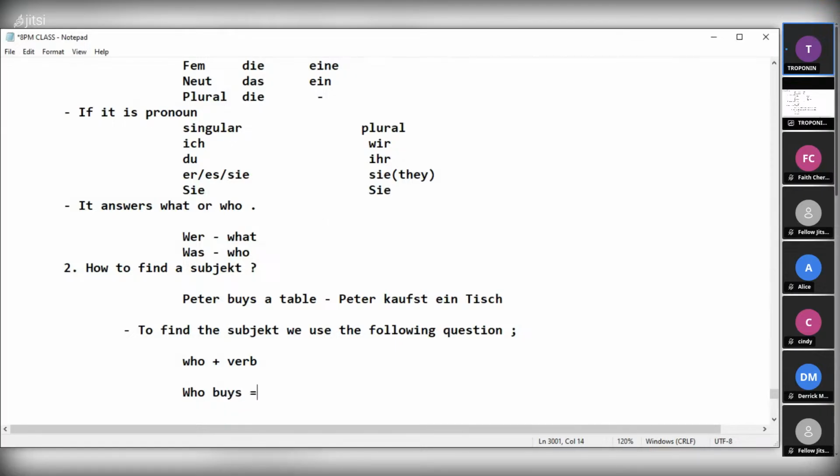So the answer is Peter. Who buys? The answer is Peter. So Shaga is eating. Who eats? Or who is eating?